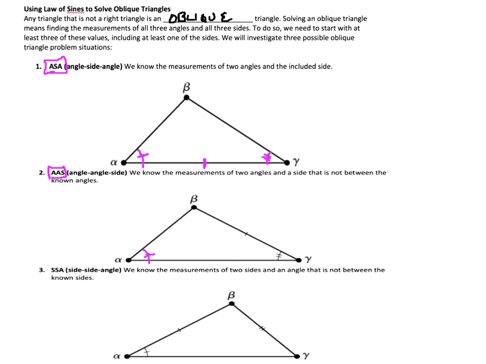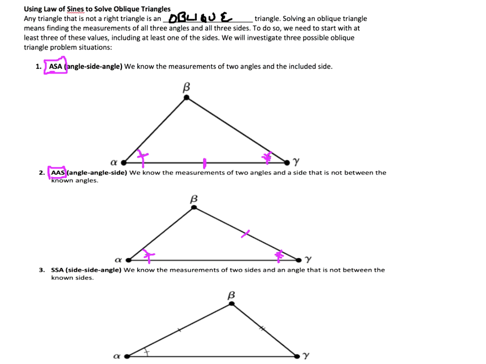Here's one angle that we know, another angle that we know, and then the side that follows. It could have been this side that we have. It's just stating that it's not flanked between the two angles we know. The one above, the angle-side-angle, is the triangle where that side is flanked by two known angles.